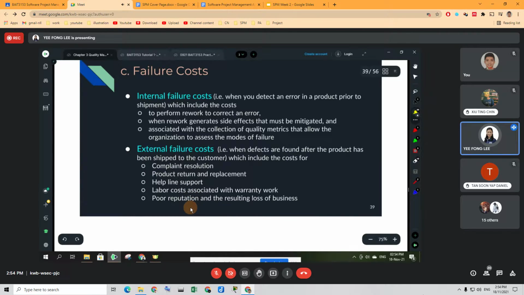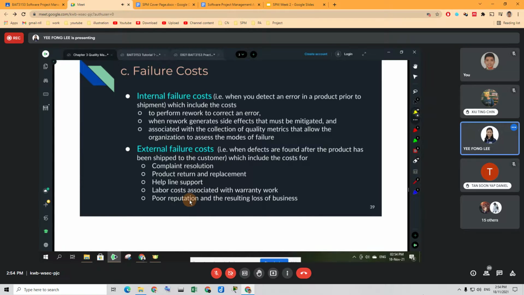If the customer returns the product, then you need to investigate. You need to find out what the problem is, why the product has to be rejected and returned. And after that, have you ever bought some product online that didn't perform well or was defective and then you returned it? Shipment, most of the time when you send back to the seller, you are the one who pays, right?